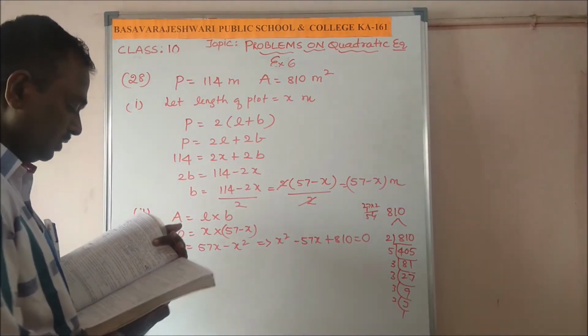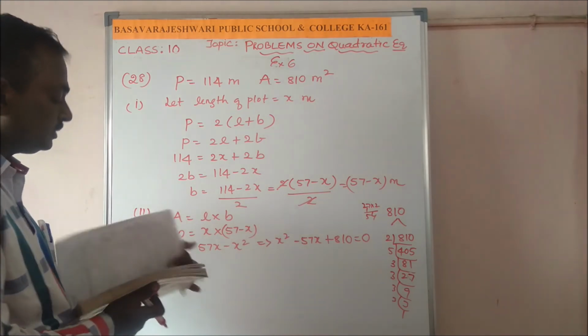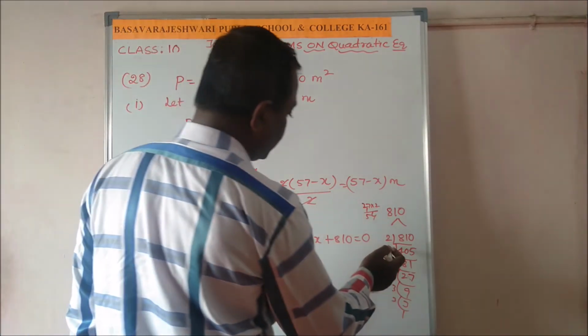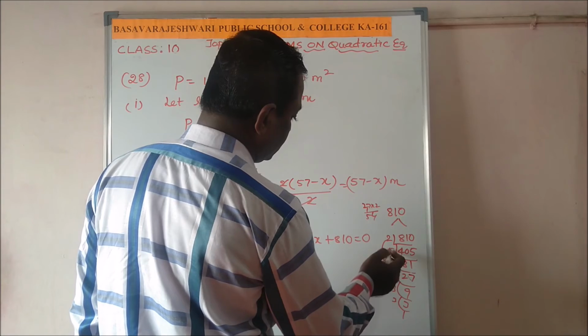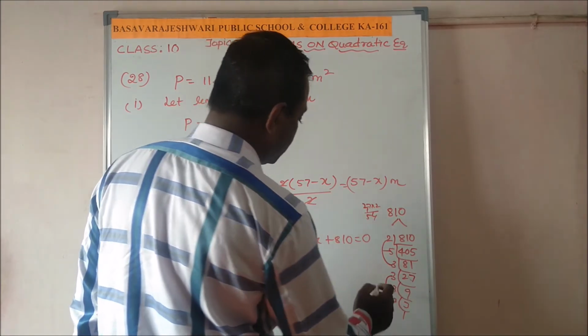I will tell you which numbers you can get for that. 30, 27. 5 twos are 10, 10 threes are 30. 3 threes are 9, 9 threes are 27. So 30, 27.